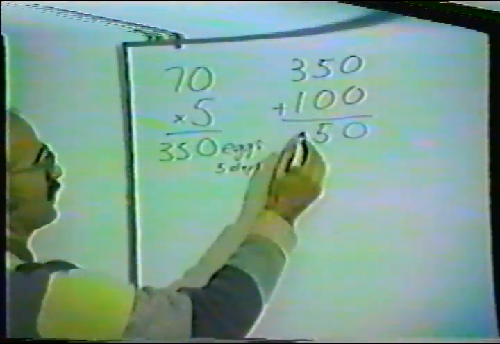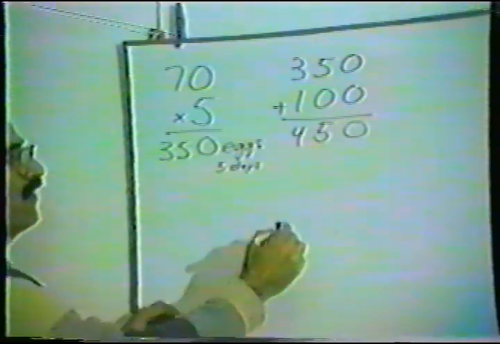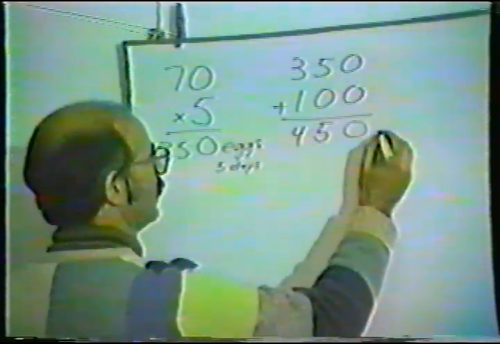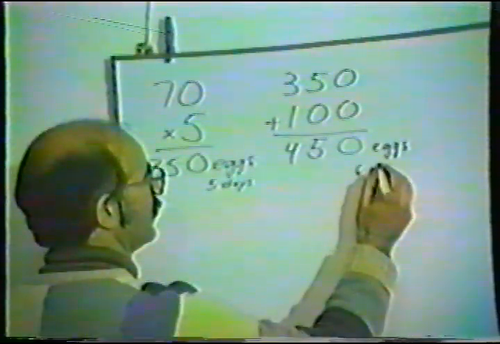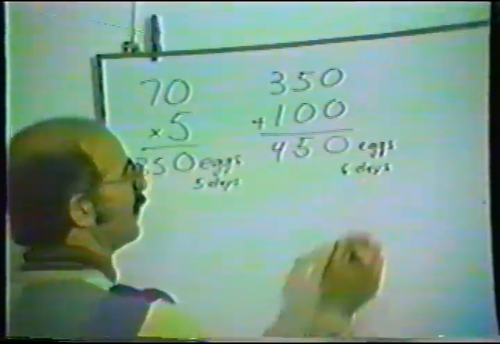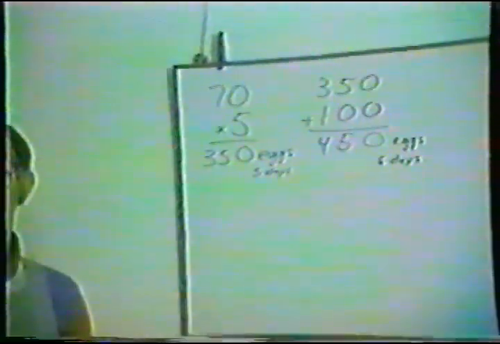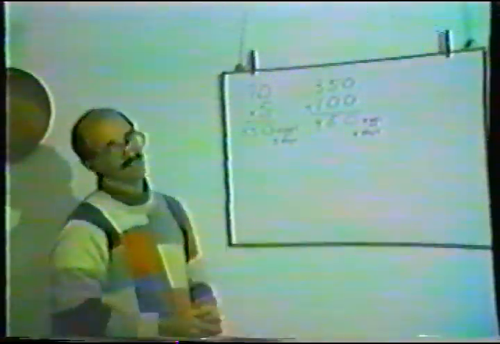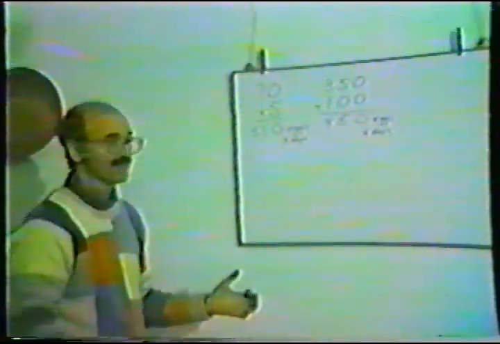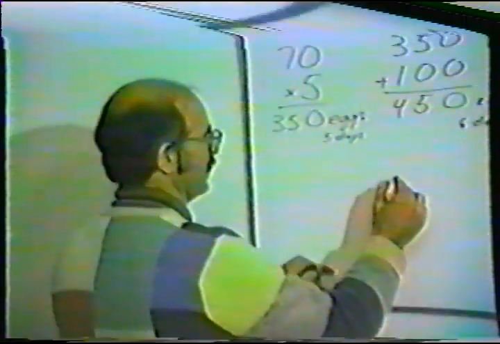And 3 plus 1 is? 4. 450 eggs. For how many days? 6. So what number are we going to divide the total by? 6. 6, because it's 6 days.